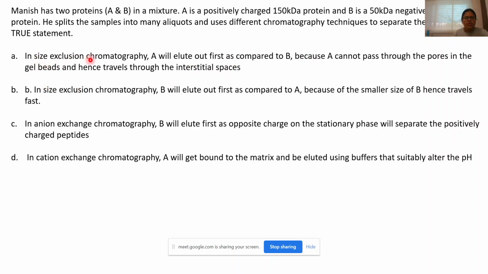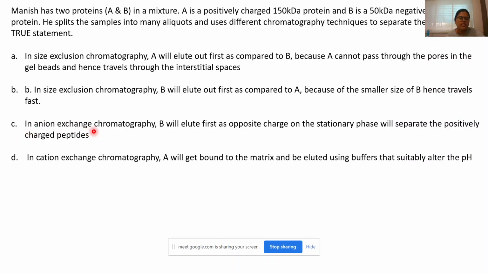Okay, so the first is for size exclusion, and they are saying that A will elute out first compared to B. Now in option B, it is size exclusion chromatography, but here they are mentioning that B will elute out first compared to A because of the smaller size of B, so that will travel fast.